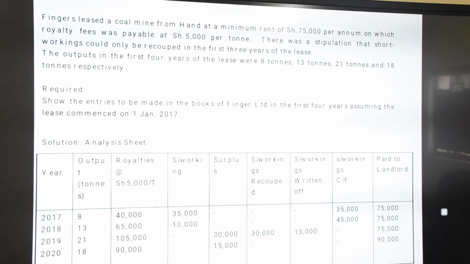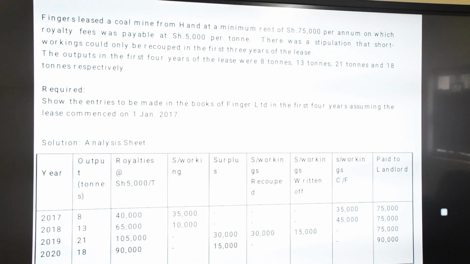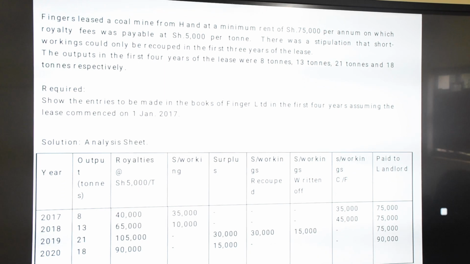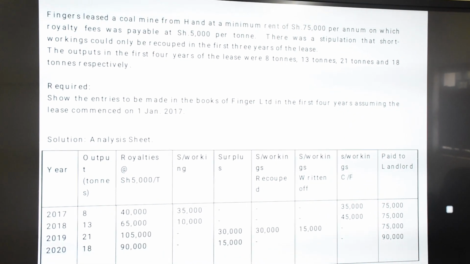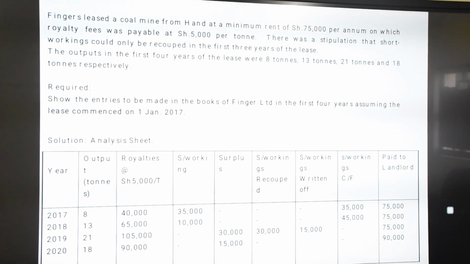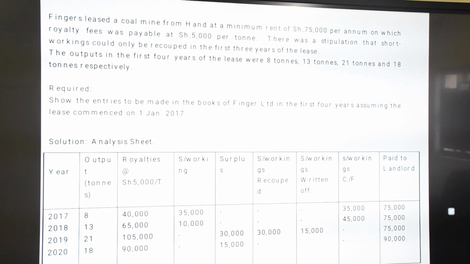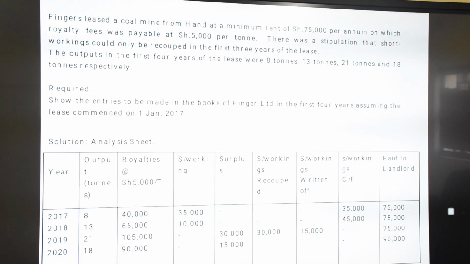So the question continues, on which royalty fees are payable at shillings 5,000 per ton. There was a stipulation that short workings could only be recouped in the first 3 years of the lease. So that is a restricted right of recoupment, whereby we are only supposed to recover in the first 3 years of the lease. The output in the first 4 years of the lease were 8 tons, 13 tons, 21 tons, and 18 tons respectively.